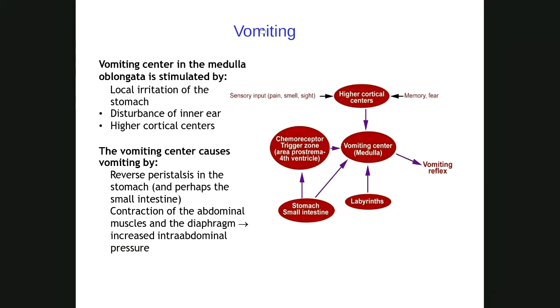Those who have cancer in the brain and irritation of the nerve tissue can easily cause stimulation of the vomiting center in the medulla. In addition, there are some irritant or chemical receptors within the stomach.